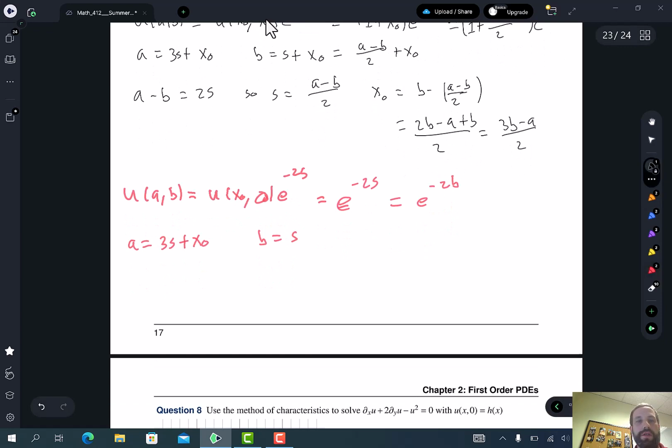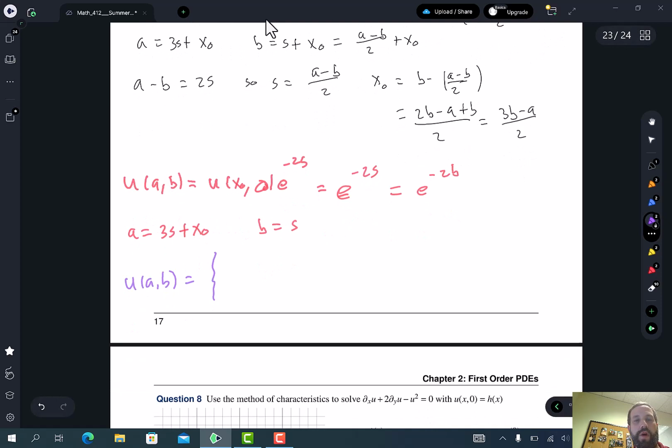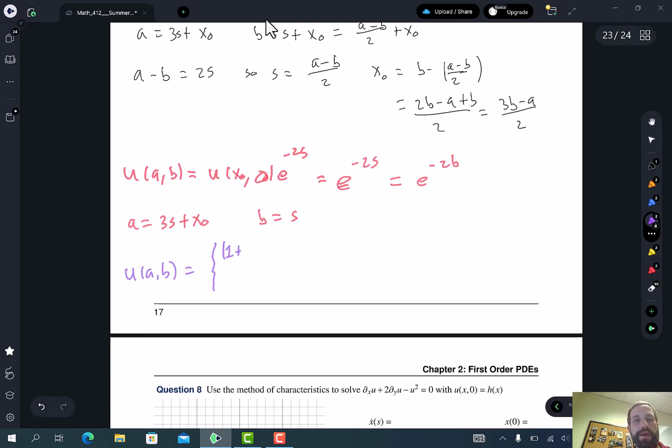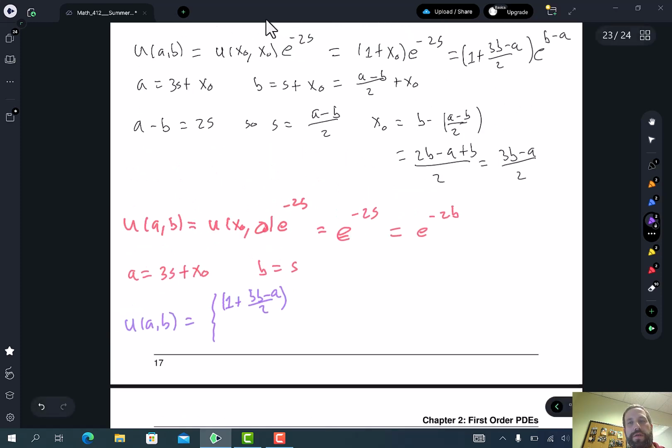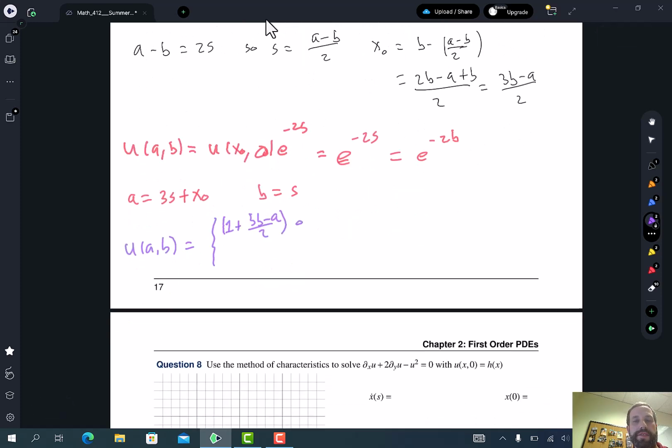So overall, my solution is going to be equal to 1 plus (3b minus a) over 2 times e to the b minus a if we're in that upper region, and if we're in that lower region, it's just e to the minus 2b.